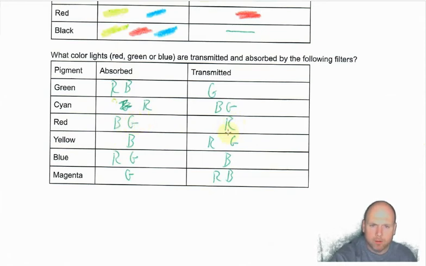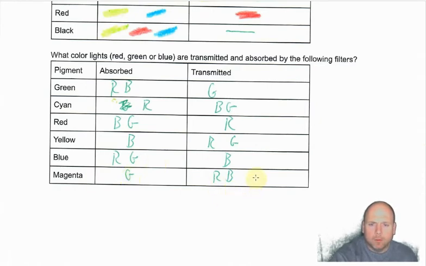So if the light is red, it'll go through. A yellow filter absorbs blue light and lets through red and green, making a yellow color. A blue filter absorbs red and green and lets through blue light. And finally, a magenta filter absorbs the green but lets through the red and the blue.